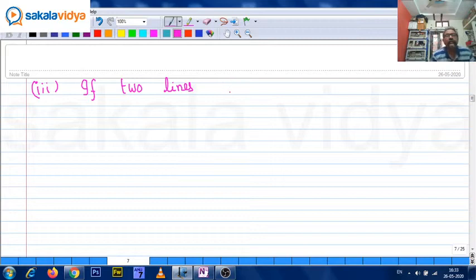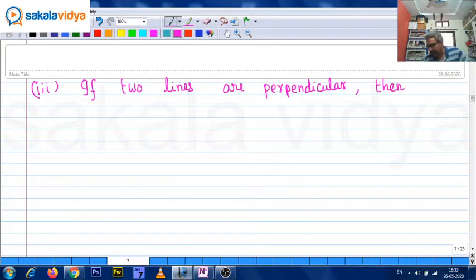If two lines are perpendicular, then the dot product between two vectors is equal to zero. Yes, that's correct, Saranya.